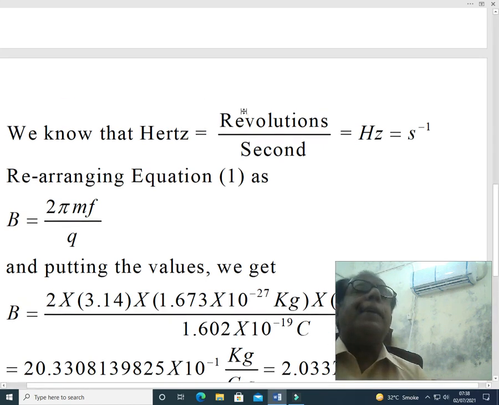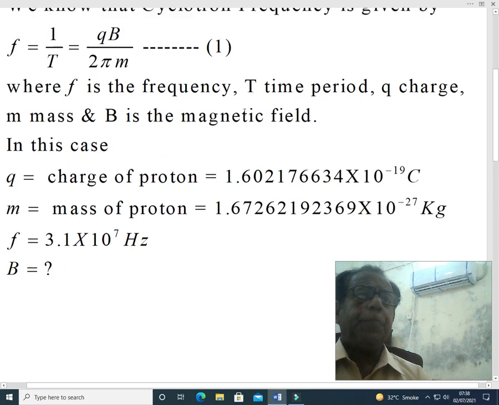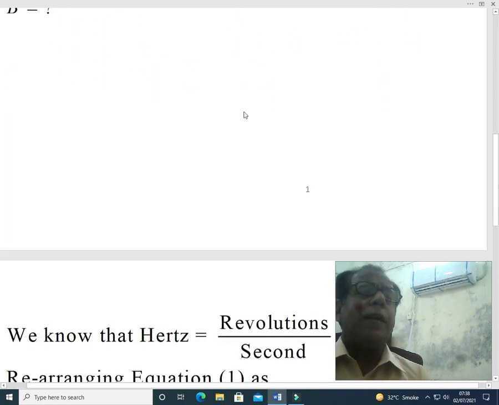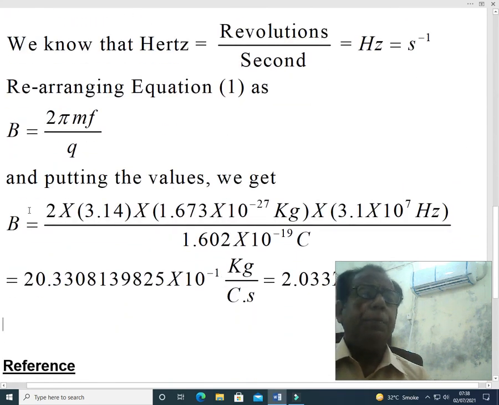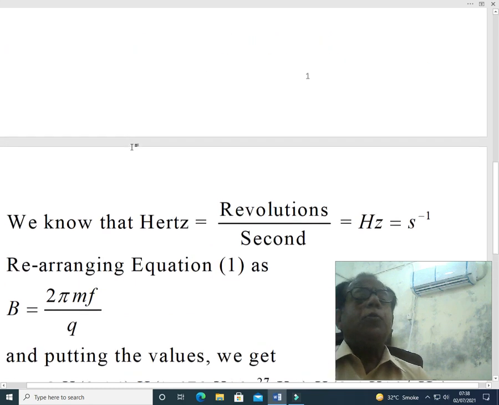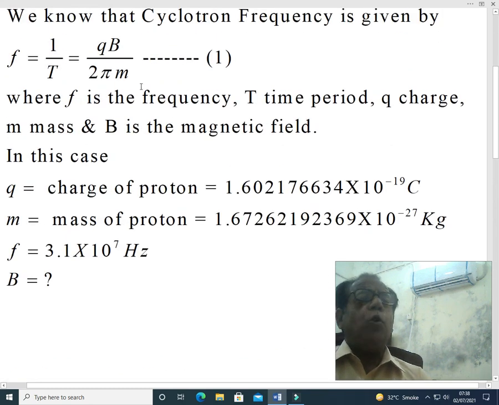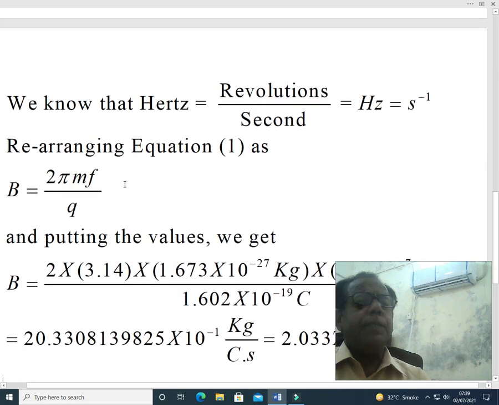Rearranging equation 1 for B, because we have to find out the magnetic field B, we keep B on one side, and therefore 2πm will be shifted to the other side of the equality, on the upper side, while q will go on the lower side.